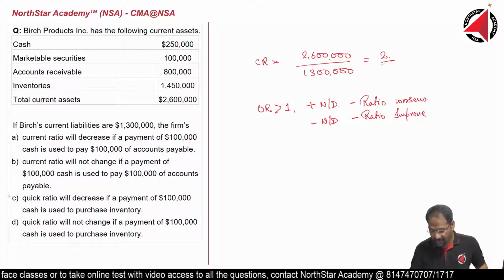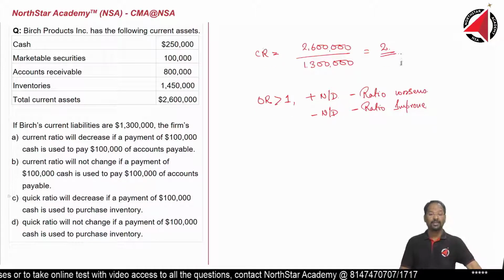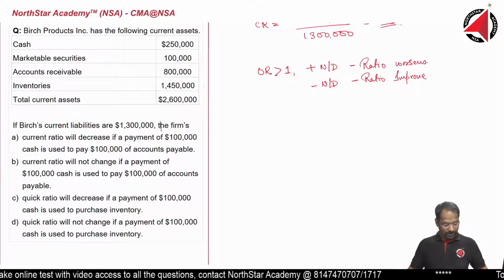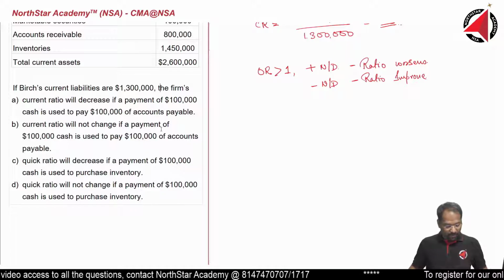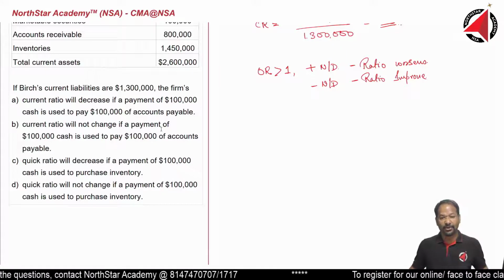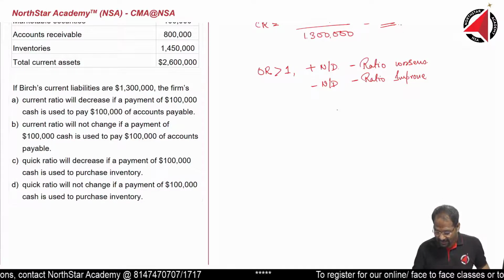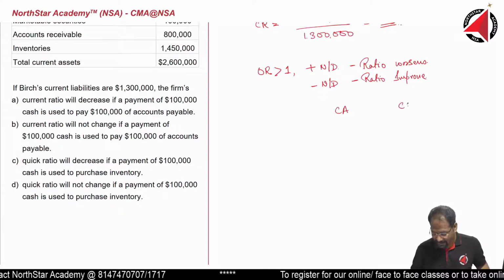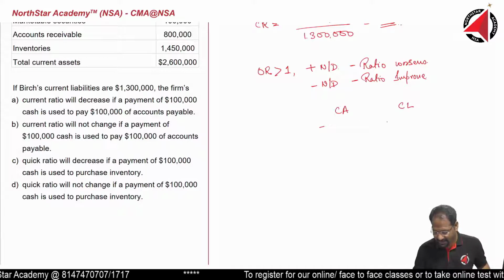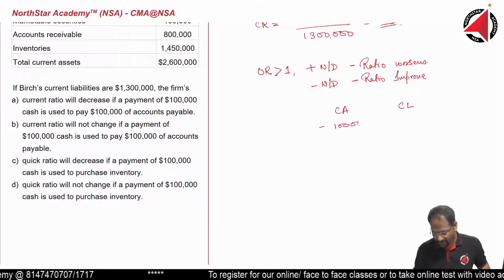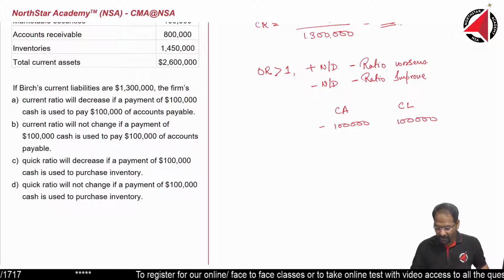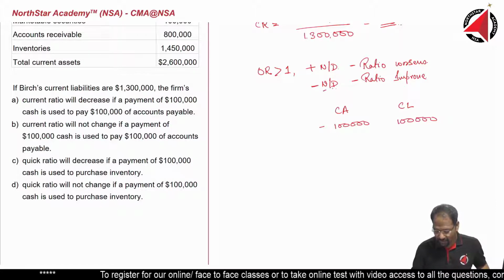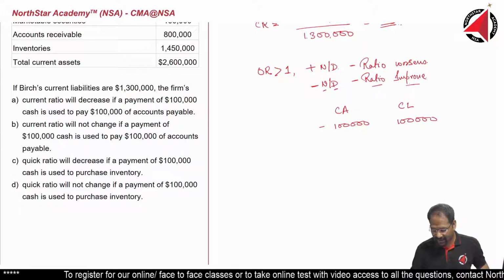So since the original ratio is more than 1, let's look at the options. Option A: current ratio will decrease if a payment of 100,000 cash is used to pay 100,000 of accounts payable. In the current assets and current liabilities, 100,000 is getting subtracted. And like I mentioned, if a constant number is subtracted from both numerator and denominator, the ratio will improve.